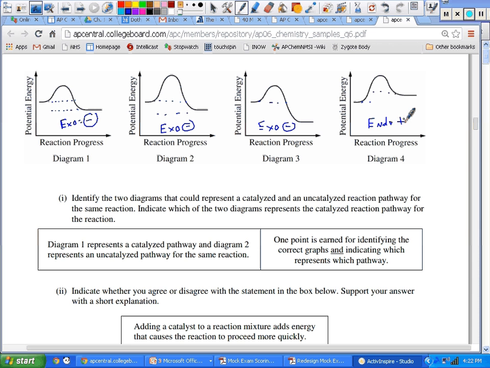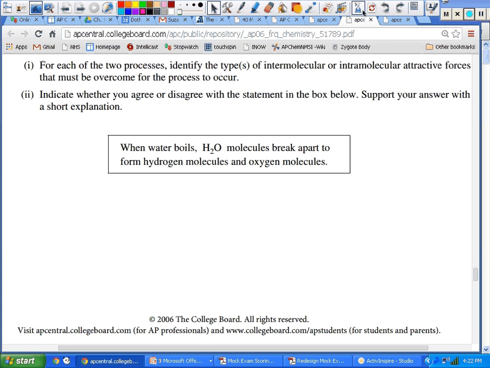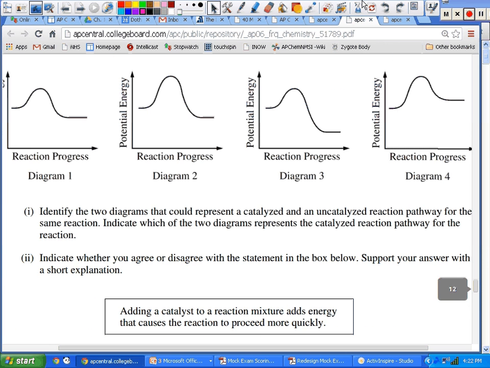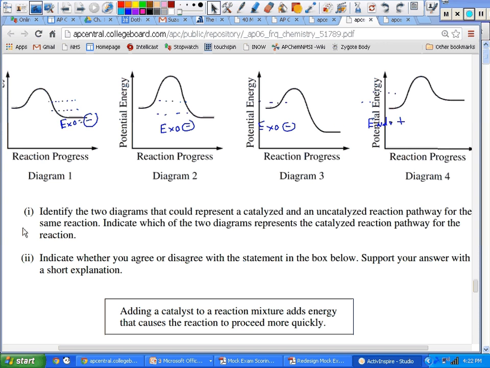Identify the two diagrams that could represent a catalyzed and uncatalyzed reaction pathway for the same reaction. I need to actually get out of this view. There we go. Identify the two diagrams that can be a catalyzed and uncatalyzed reaction pathway for the same reaction.